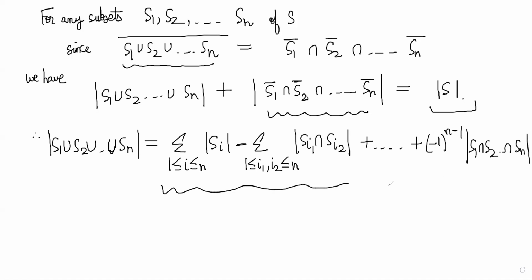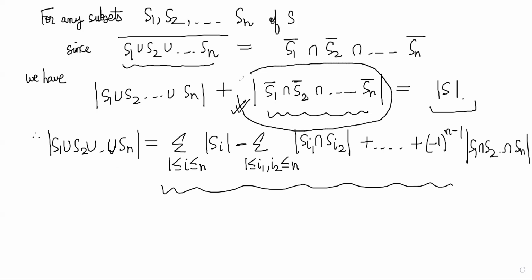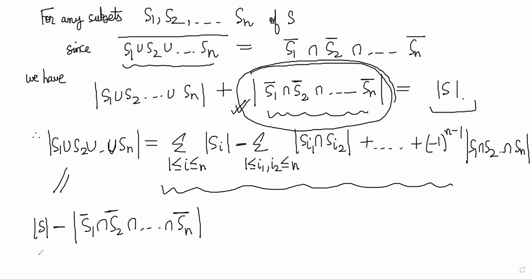How are we getting this? The first formula gives us the way to count this. Using the formula from theorem 1, we are just saying this is equal to mod of S minus mod of S1 complement intersection S2 complement and so on, right? So if you put that there, this is what results.